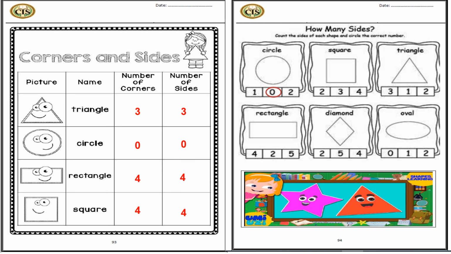Let's remember together. 1, 2, 3, 4. There are 4 sides in the square. And how many sides in the triangle? 3 sides. Then the rectangle, how many sides? 4 sides.